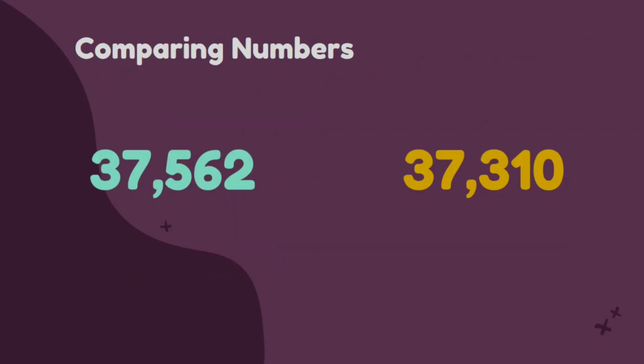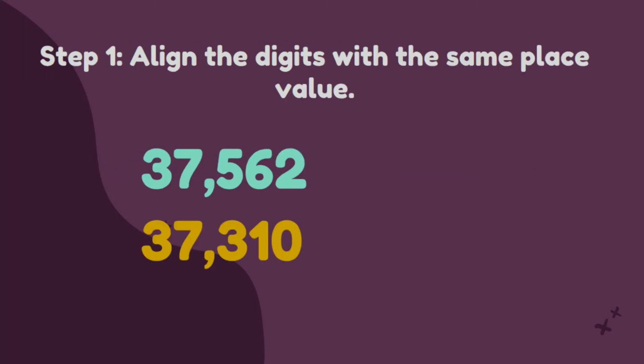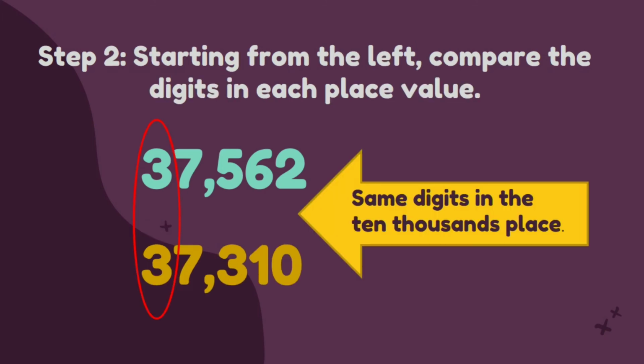For you to further understand, let us compare numbers 37,562 and 37,310. Step 1. Align the digits with the same place value. Step 2. Starting from the left, compare the digits in each place value. We have same digits in the 10,000s place, which is 3.